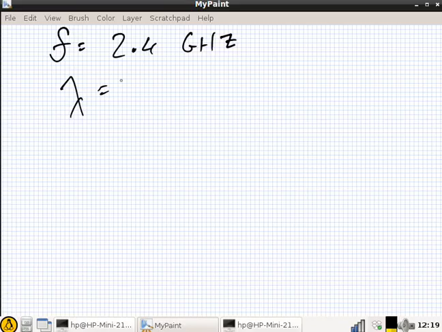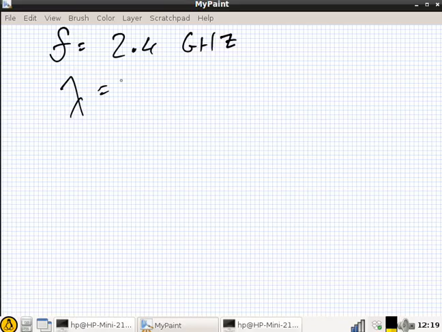Am I sure about giga? Speed of light, 3 times 10 to the 8. You could just Google it, but I actually have it right here in the formula book. Speed of light 3 times 10 to the 8. Case closed. Did we get an answer? Yeah, 0.125 is the wavelength.